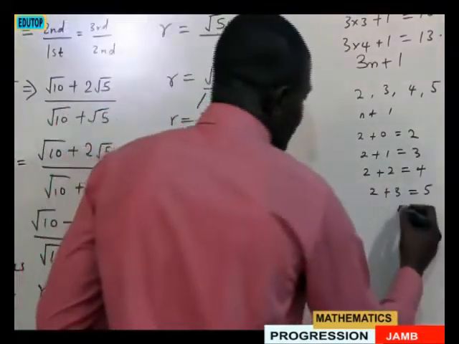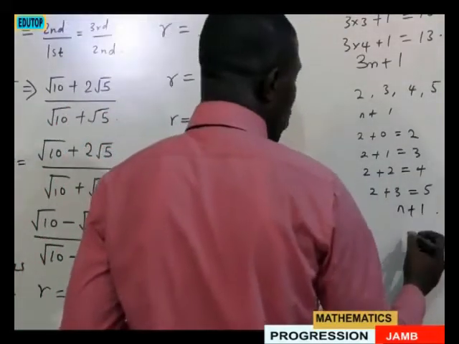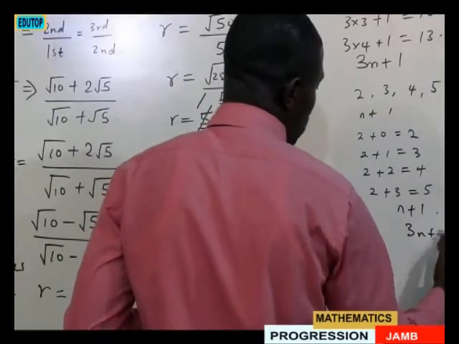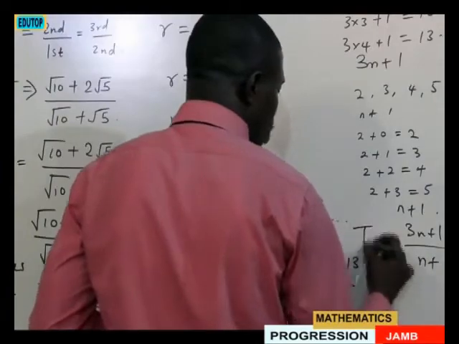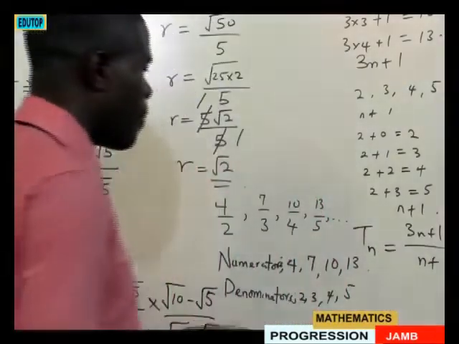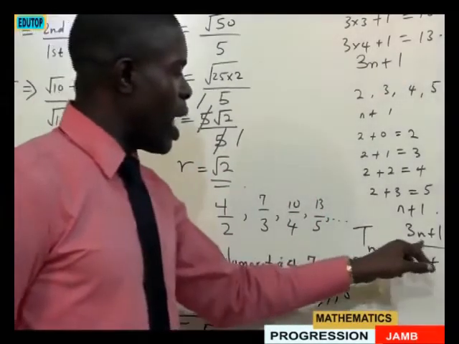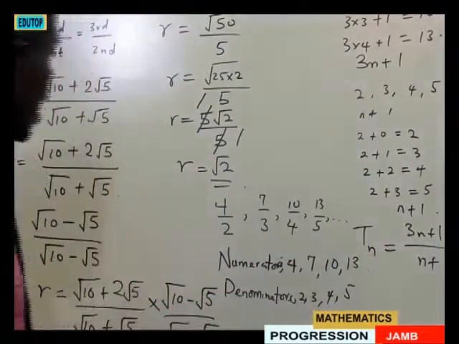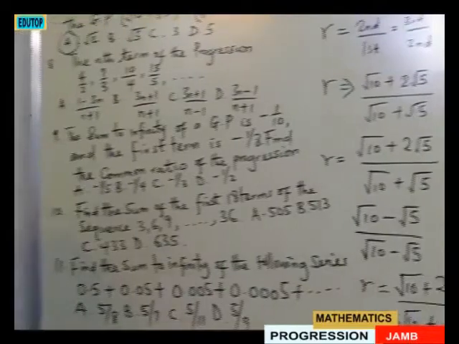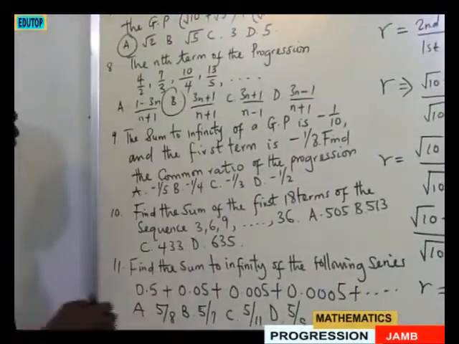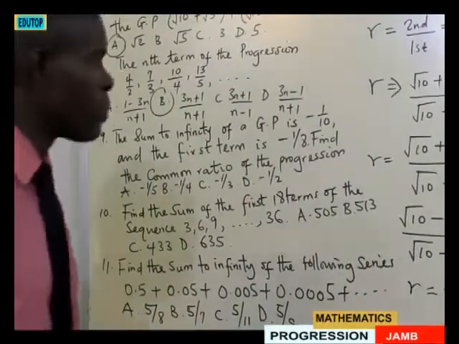So it is an n plus 1 pattern. So the numerator is 3n plus 1, while the denominator is n plus 1. So let's go to our options and see what our Tn, the nth term, will be. The nth term will be 3n plus 1 over n plus 1. So let's go there and see which one will fit in. That will definitely be option B, which is the answer here.